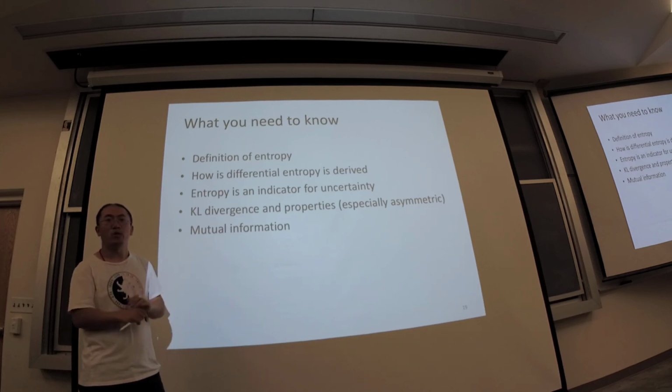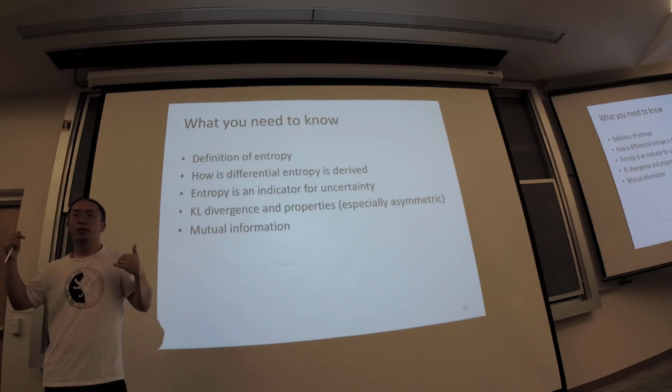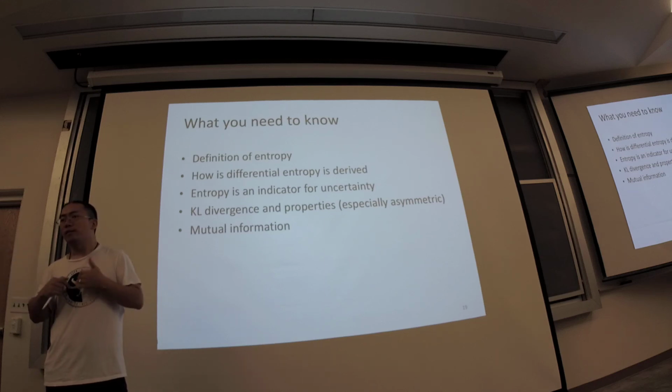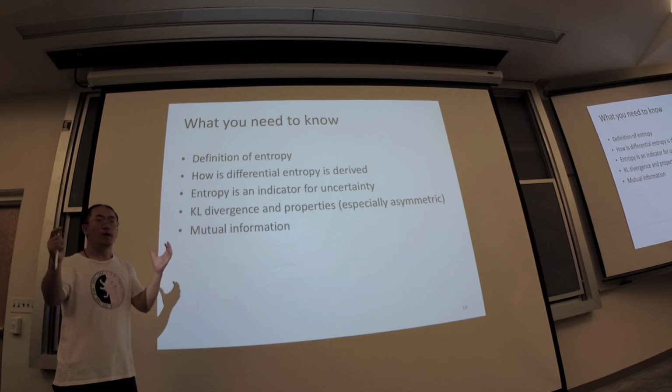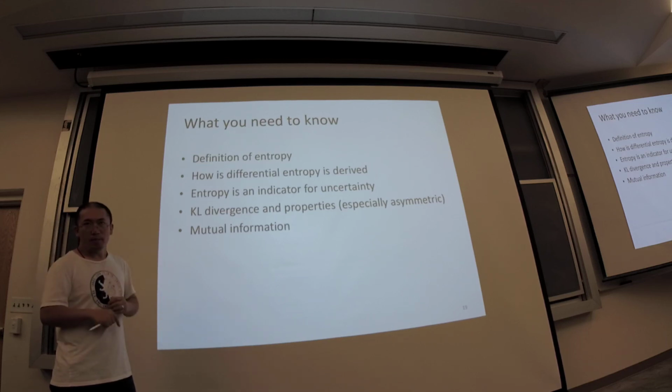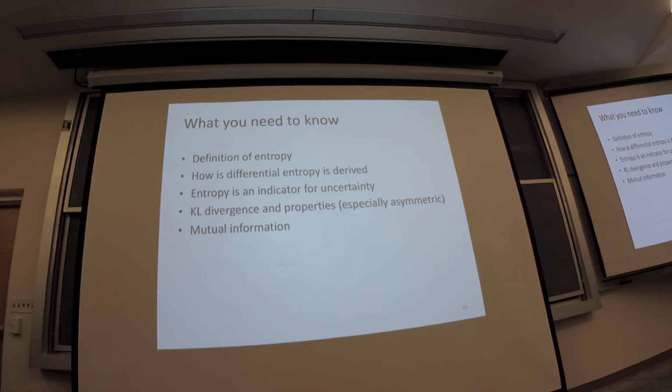KL divergence is used to measure the distance or the similarity between two distributions, but it does not mean it's a rigorous distance because it's not symmetric. And mutual information, the information shared by two random variables. Of course, we can calculate the mutual information among 3 random variables, 4 random variables, etc. Any questions so far?